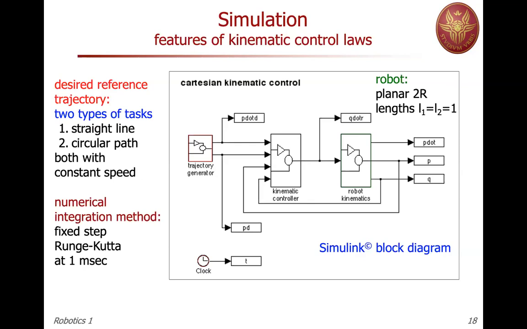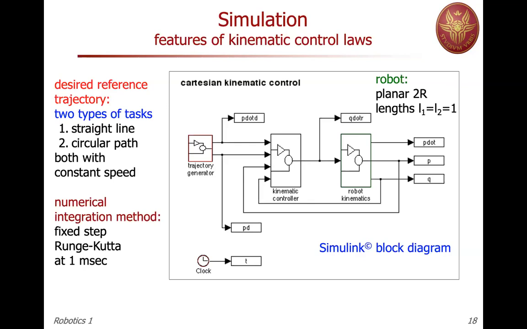I think it's more interesting to look directly at the Cartesian kinematic controller. So we have a trajectory generator on the left-hand side. We generate both the desired P and the desired P dot, so the velocity. And this enters into the kinematic controller together with the Q, because we need the Q for evaluating the Jacobian and the Jacobian inverse, and the actual P, which is the position of the tip.